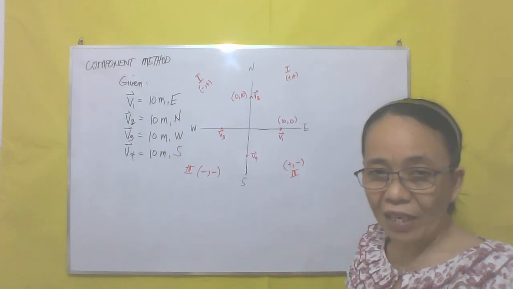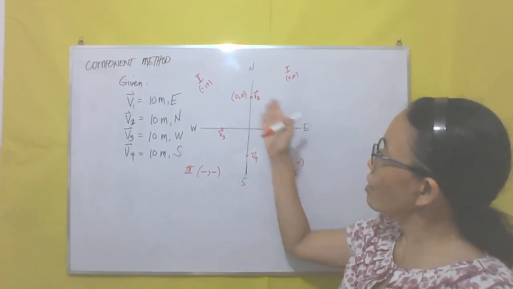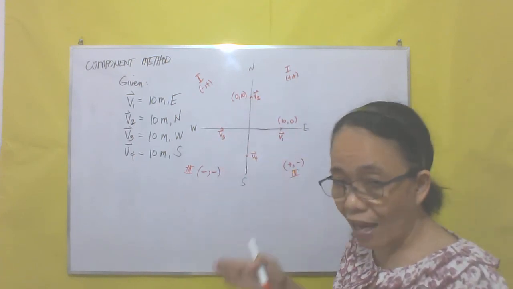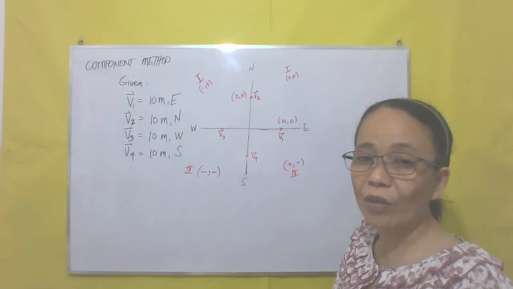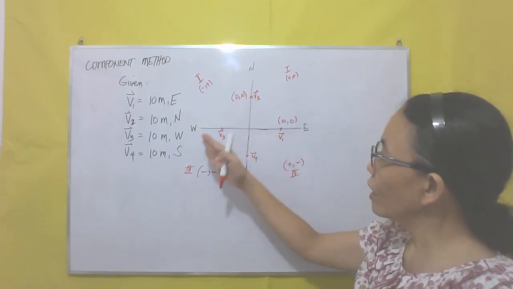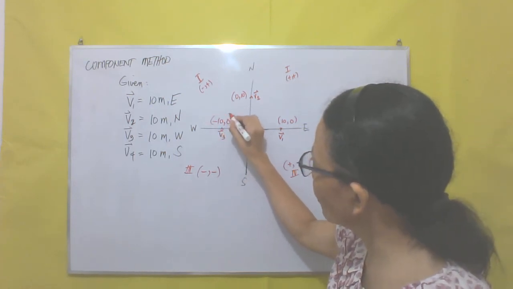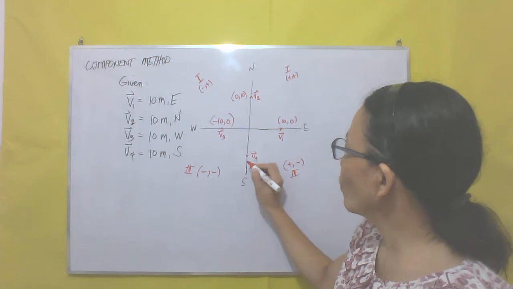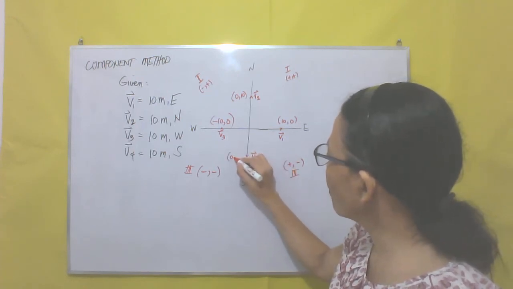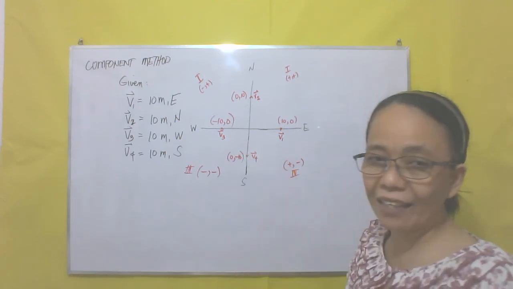So again, these vectors, 10 meters east, 10 meters north, 10 meters west, and 10 meters south, are the same as the ordered pairs (10, 0), (0, 10), (negative 10, 0), and (0, negative 10).